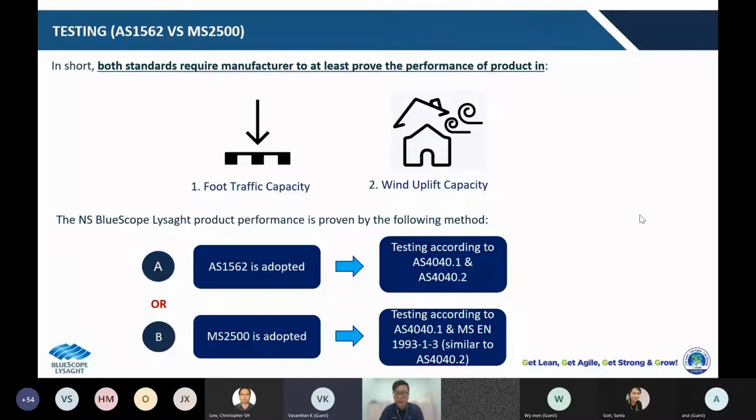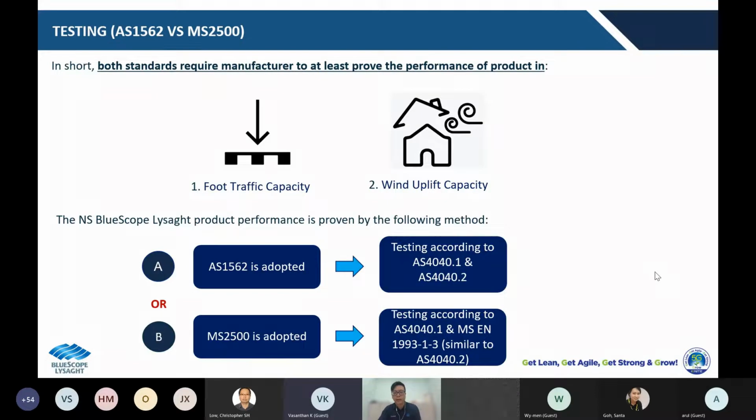Option B: if MS 2005 is adopted in the project, our existing test result based on AS 4040.1 should be recognized because the standard accepts the manufacturer's testing method. Regarding the wind pressure test, the test result according to AS 4040.2 should be deemed acceptable because MS EN 1993-1-3 has a lot of commonality with AS 4040.2.